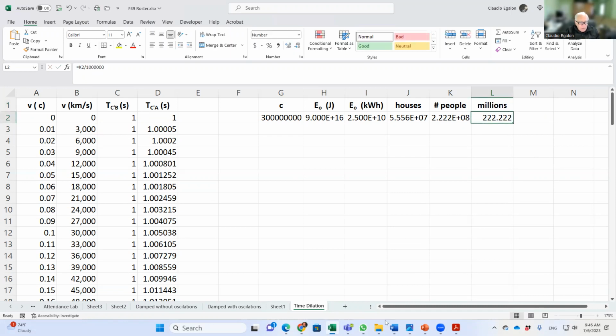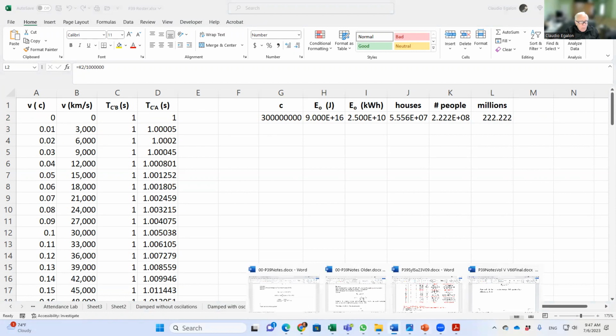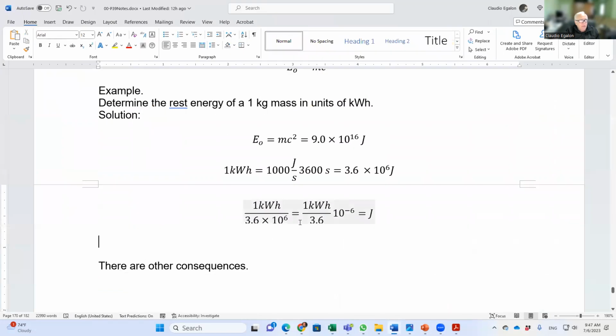So when Einstein derived this equation, and scientists saw how much energy can be harvested from a mass, they started thinking, hey folks, how can we take advantage of this huge amount of energy?